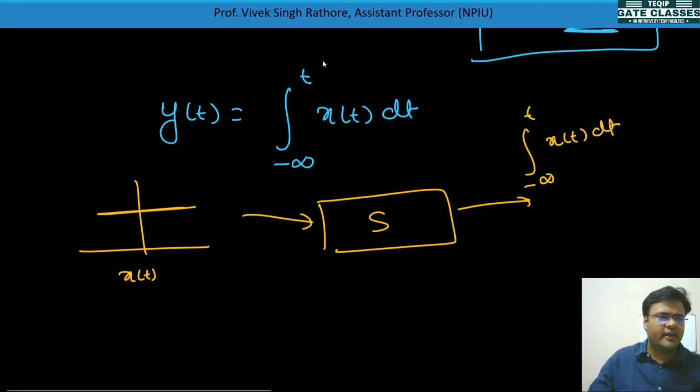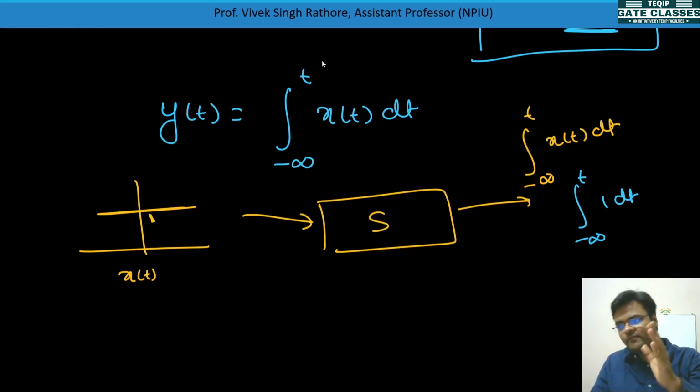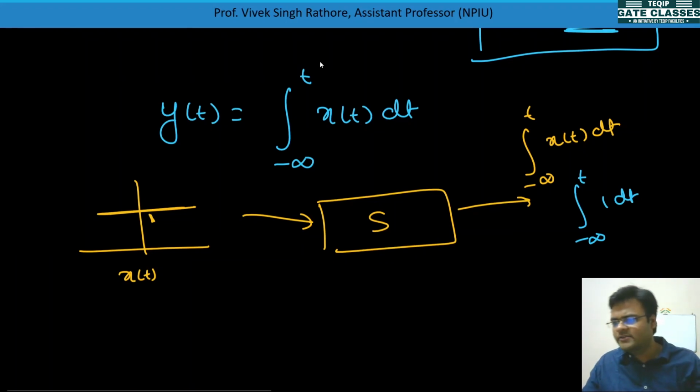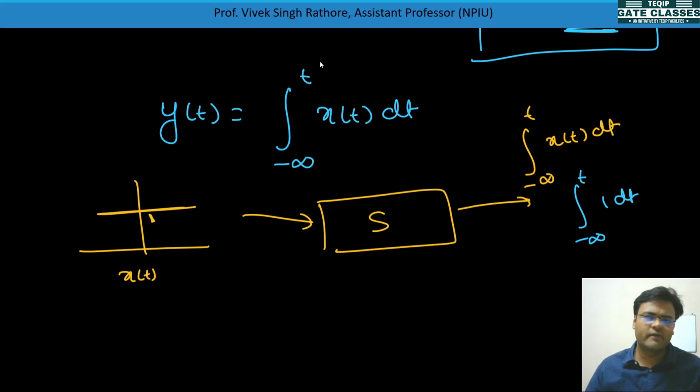So x(t) is bounded, maybe its value is 1. Let's suppose the value is 1. So here, integral from minus infinite to t of 1 dt, we are doing integration from minus infinite to t, so some value will come, and it may be bounded. But if it is going from minus infinite to infinite of x(t) dt, it will be unbounded because its value will not come finite.